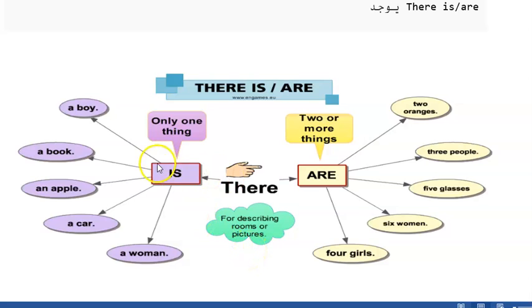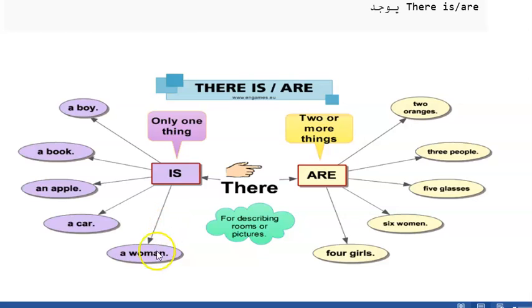Okie doke. So look here at the side, there is a boy. There is a boy in the picture. There is a book on the table. There is an apple in my hand. There is a car outside the house.